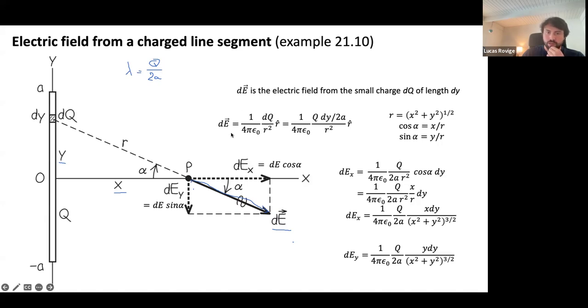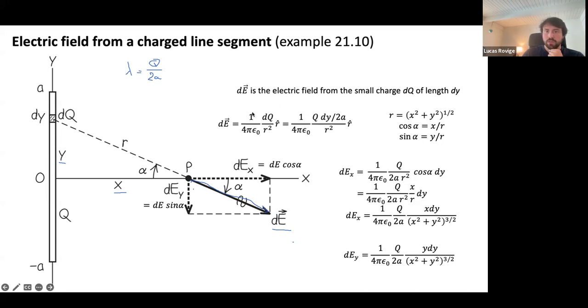So this is 1 divided by 4 pi epsilon 0 multiplied by the charge, dq, divided by the distance r squared, along r, the unitary vector along the r direction.